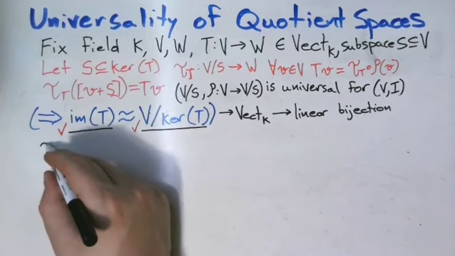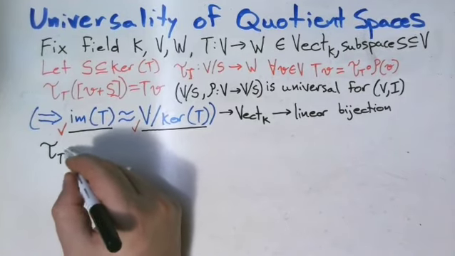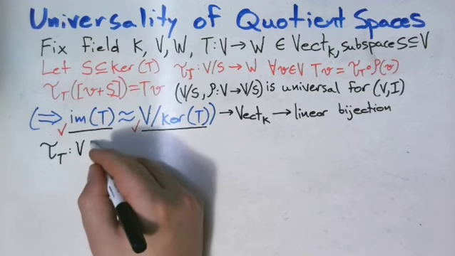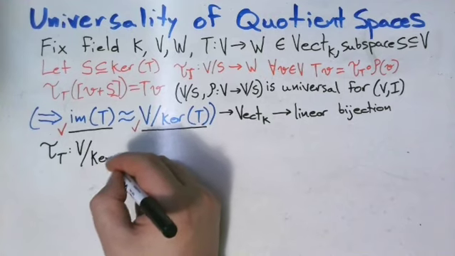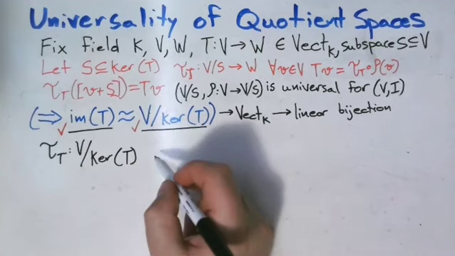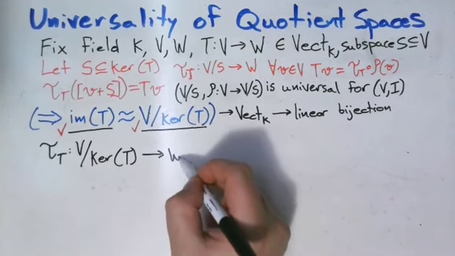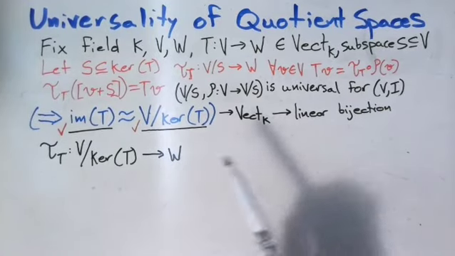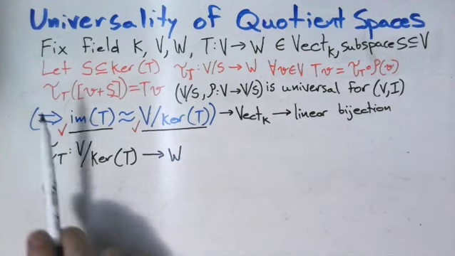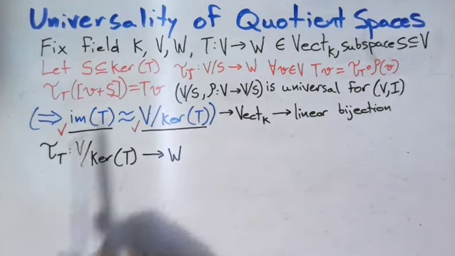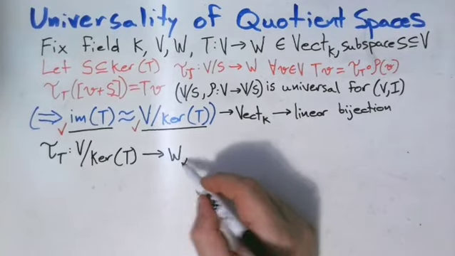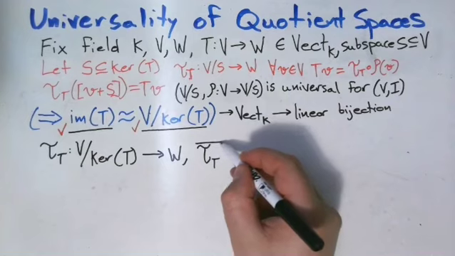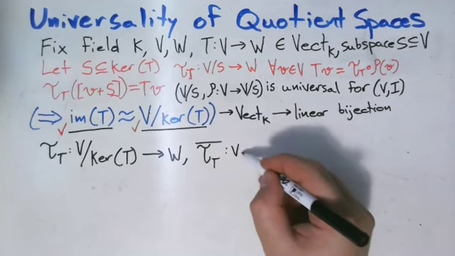So I could actually use specifically the tau of T, which goes from the quotient space over the kernel of T this time into W. And since we know that the image of T is a subspace of W, and since we know that tau of T is literally just T of V, we could just call this the restriction of tau of T to the image of T, which has the same domain.